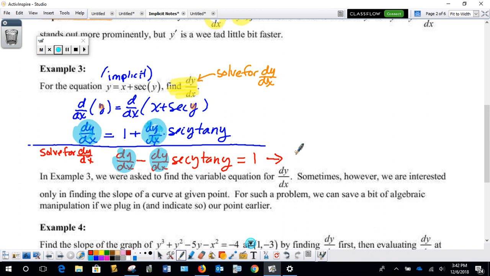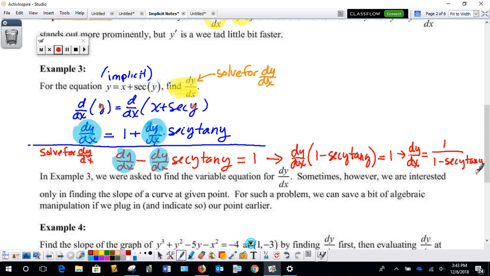I'm going to factor out my dy dx, which is going to give me 1 minus secant y tangent y is equal to 1. And now I'm trying to get this by itself, so this part I'm just going to divide to the other side. So dy dx is equal to 1 over 1 minus secant y tangent y.